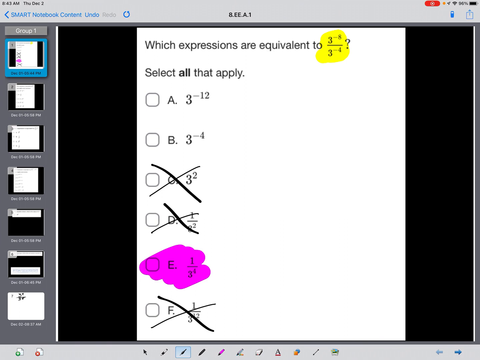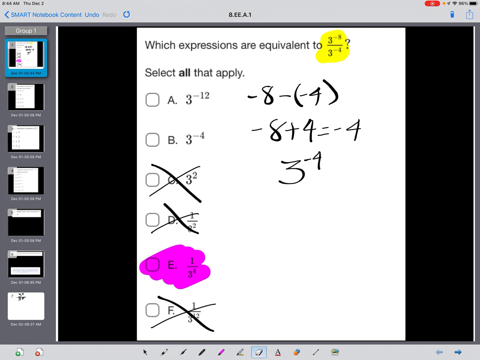In other words, it would be negative 8 minus negative 4. You know that this essentially ends up being negative 8 plus 4, and the balance would be negative 4. So we could write this without being a fraction, as 3 to the negative 4th power.